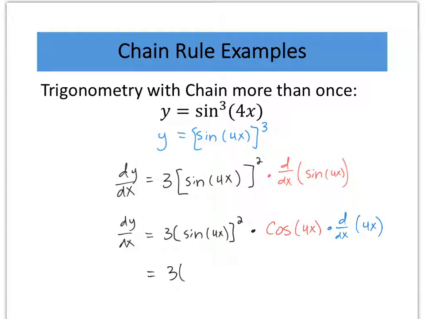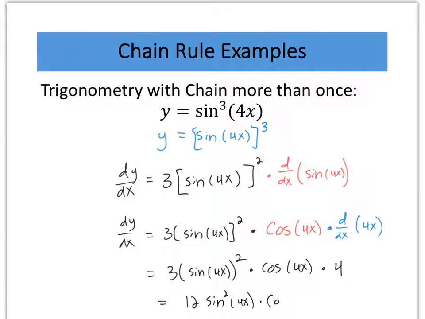So 3 sine of 4x, all of that squared, times cosine of 4x, and then the derivative of 4x is just 4. And if we wanted to clean it up, we would say 4 times 3 is 12: 12 sine squared of 4x times cosine of 4x.